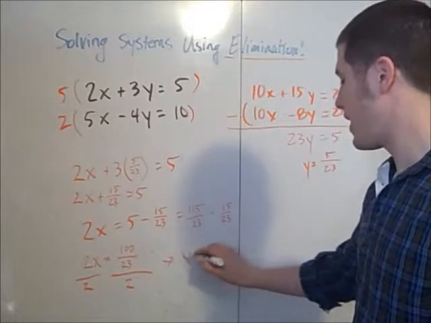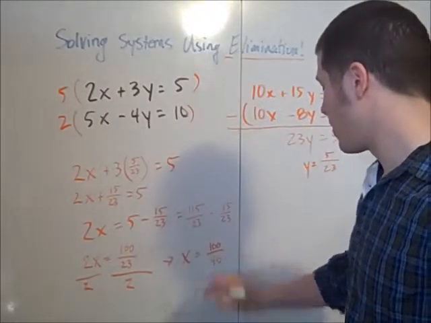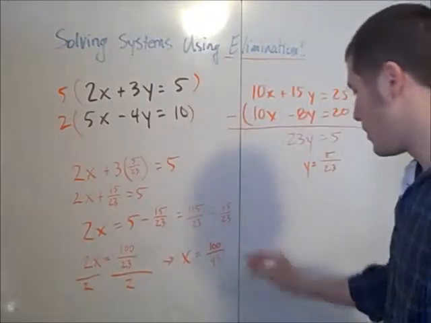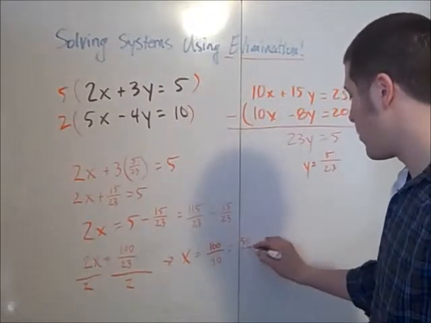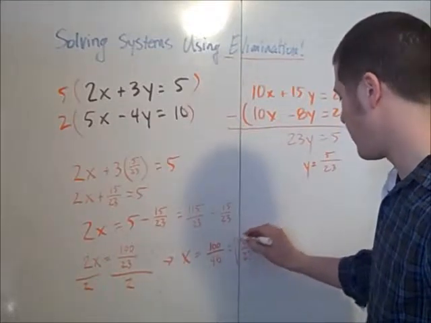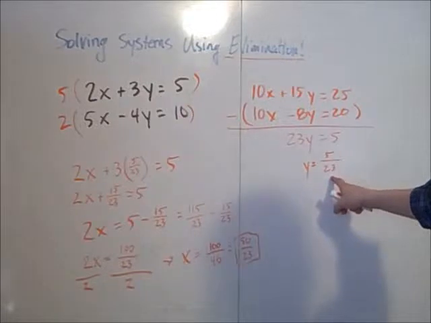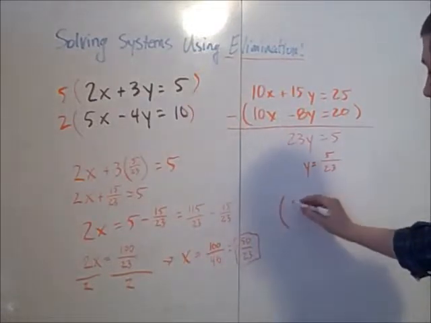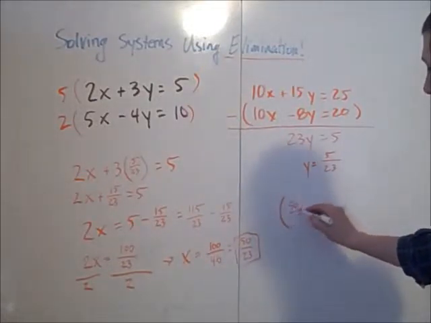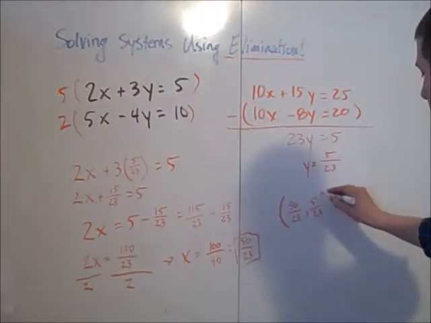This tells me that x is equal to 100 divided by 46, which is 50 over 23. So that's the x value, 50 over 23. And the y value is 5 over 23. So the solution is the point 50 over 23, comma 5 over 23.